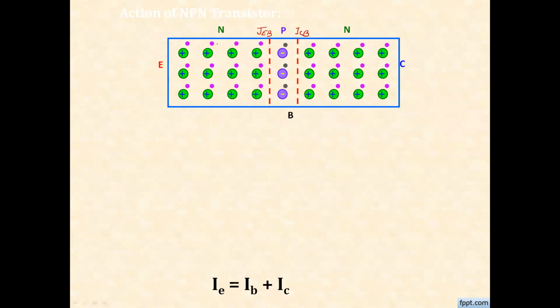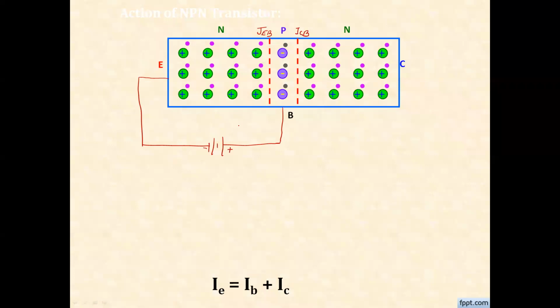In an NPN transistor, the emitter region is an N region and the base region is the P region. If I connect emitter to base in forward bias, I need to connect the N region to the negative terminal of the external battery and the P region to the positive terminal. That time we say the emitter to base junction acts in forward bias.